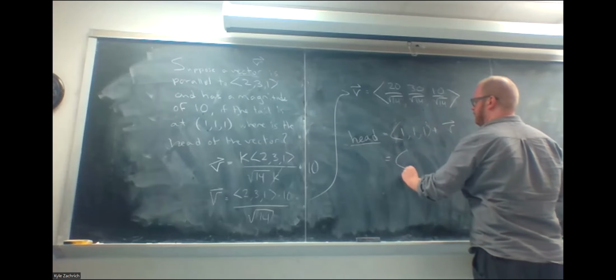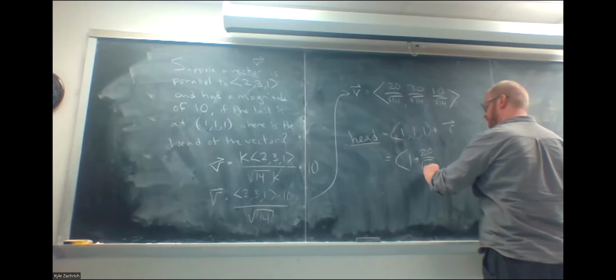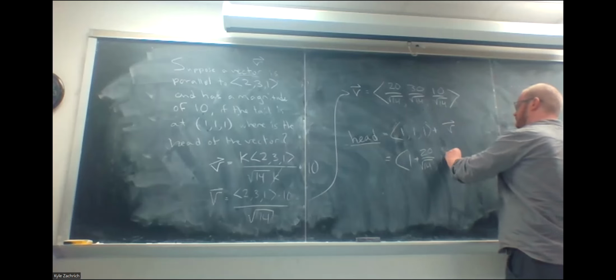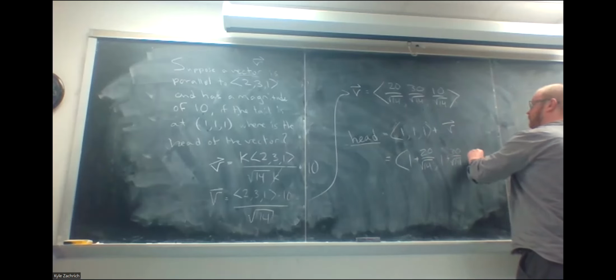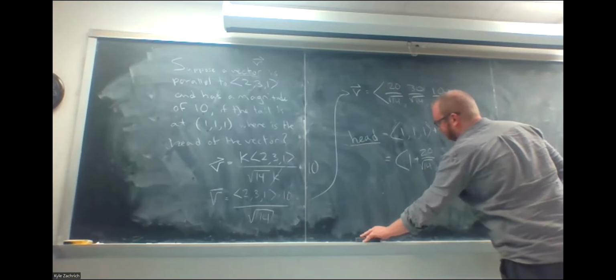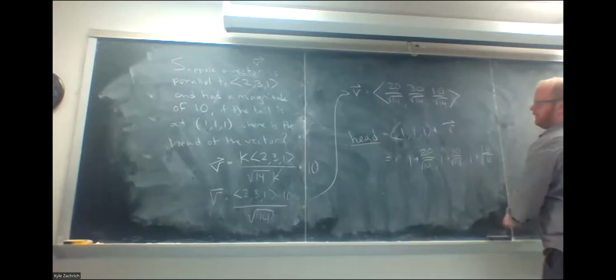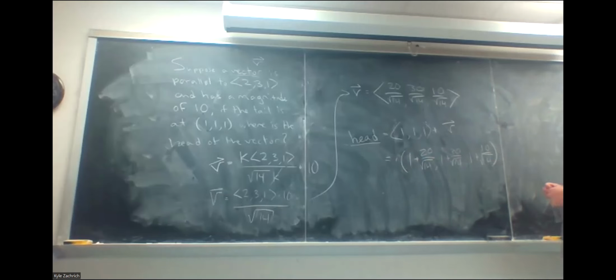The head is going to be 1 plus 20 divided by square root of 14, 1 plus 30 divided by square root of 14, 1 plus 10 divided by square root of 14. And this is a point, coordinates.